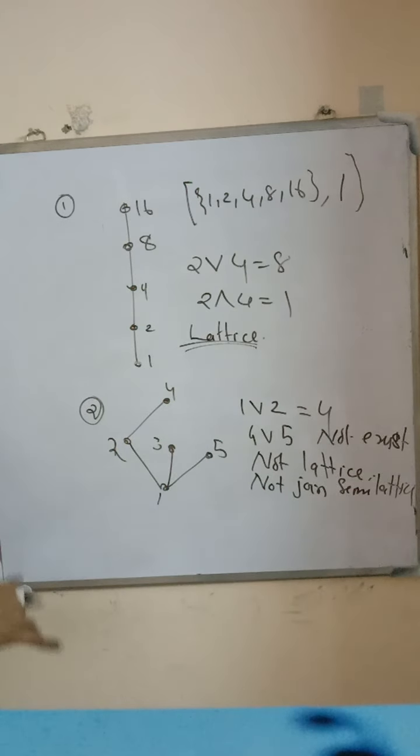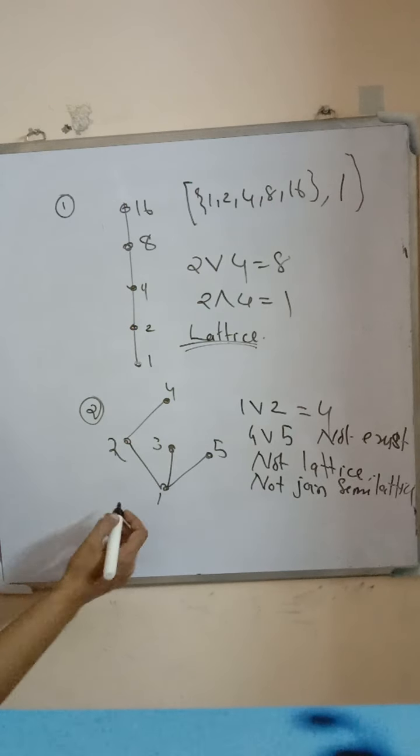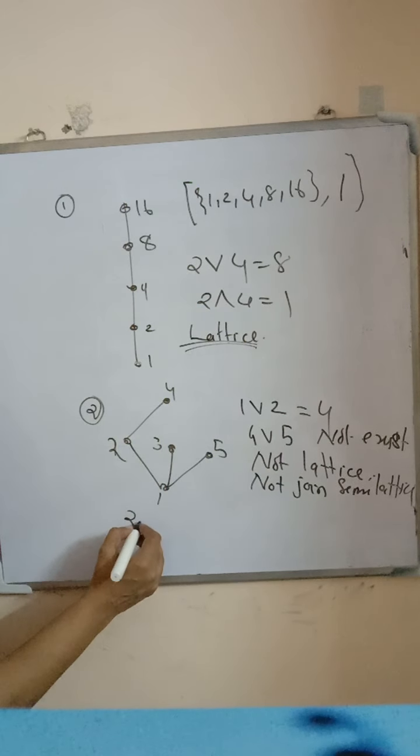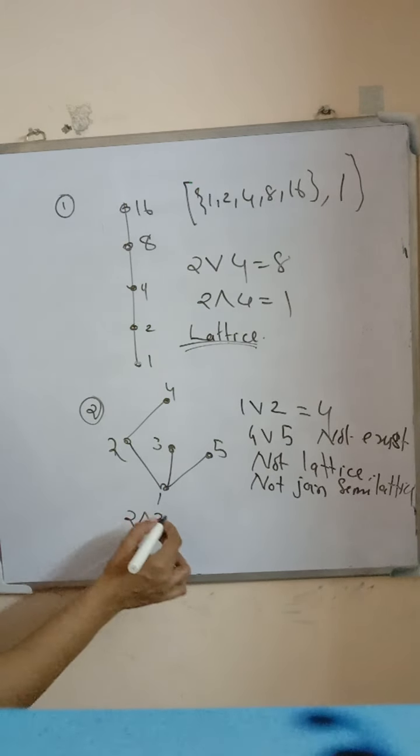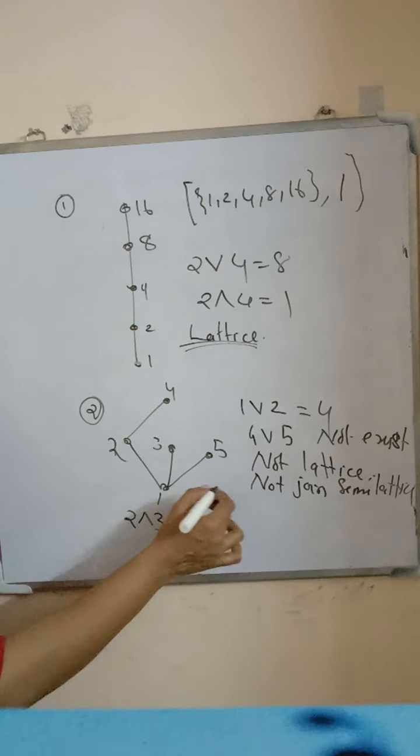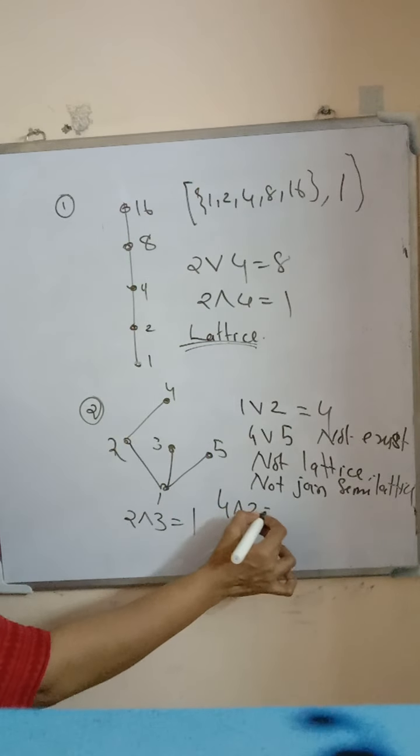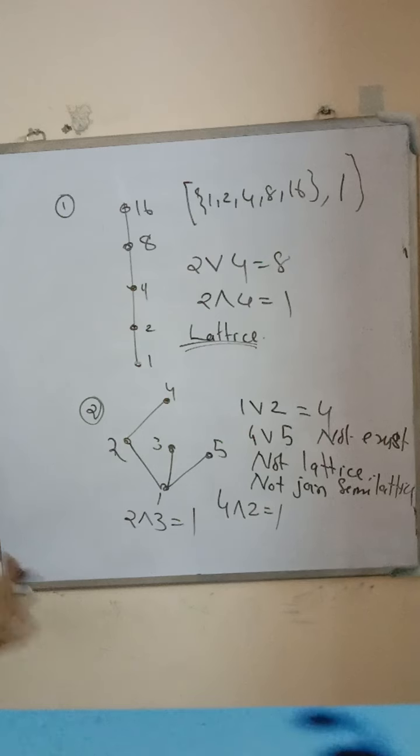Is it a meet semilattice? Meet semilattice means for any pair of elements there exists a greatest lower bound. If you choose any pair of elements, 2 meet 3 is equal to 1 and 4 meet 2 is equal to 1. Similarly, for any pair of elements we get the greatest lower bound.